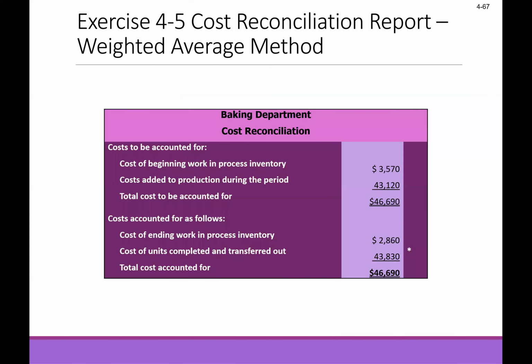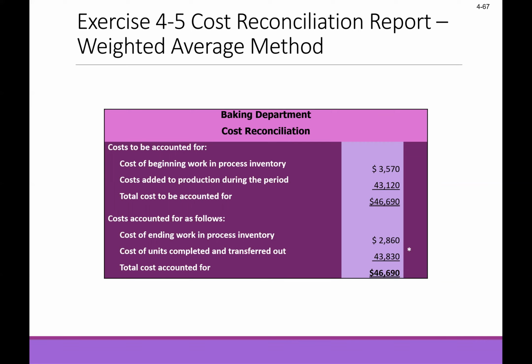In order to prepare a cost reconciliation, we start with beginning work in process. We add what's been transferred in or added in. And then that total, the total to be accounted for, is going to be broken down by ending work in process and then the work in process that's been completed and transferred out.